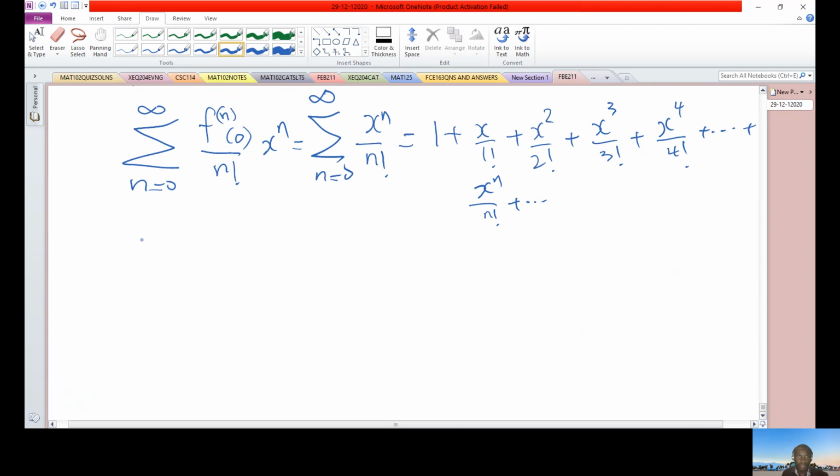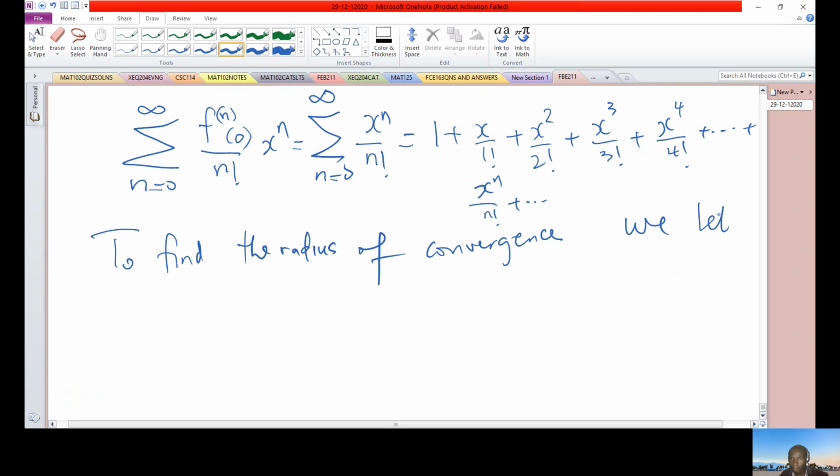Now, to find the radius of convergence, we let a_n be x to the n over n factorial, which means a_(n+1) will be x to the n plus 1 over (n plus 1) factorial.